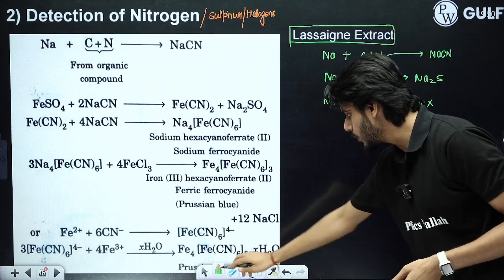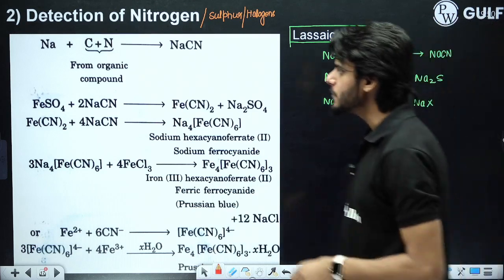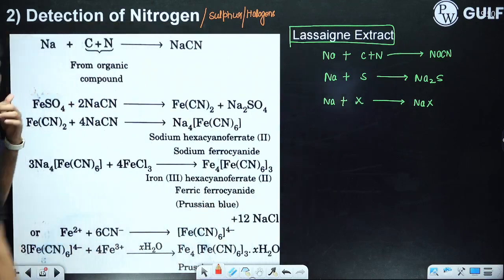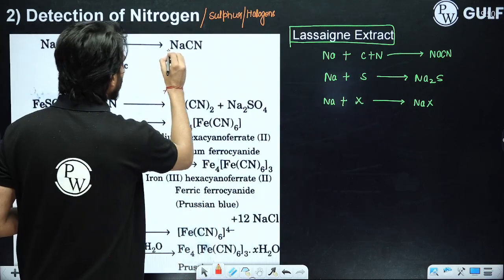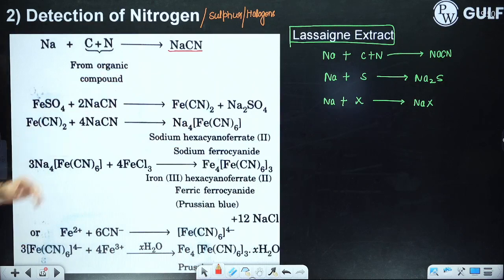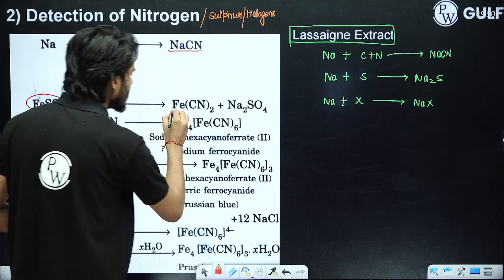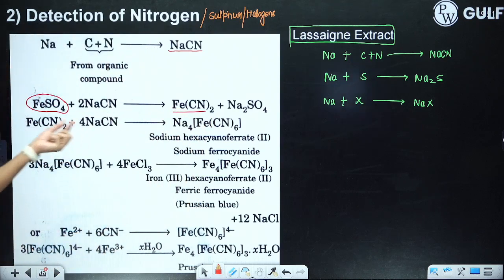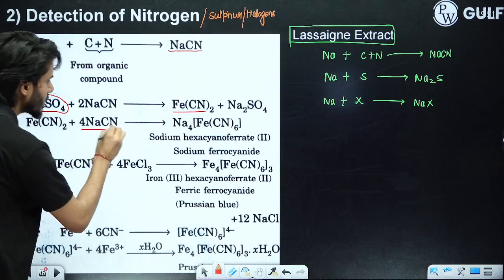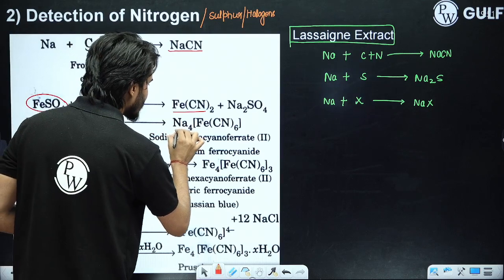Now let's understand what will happen in the case of nitrogen, guys. First we add my organic compound to the sodium, which will give me the Lassaigne extract, or the sodium extract. Now I'll treat this NaCN with freshly prepared FeSO4. Because of this, I'll have Fe(CN)2, and if I add further NaCN into it, I'll have sodium hexacyanoferrate.